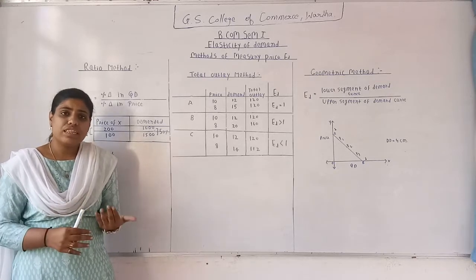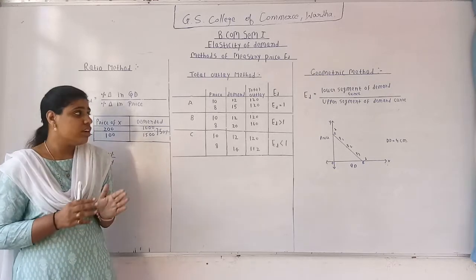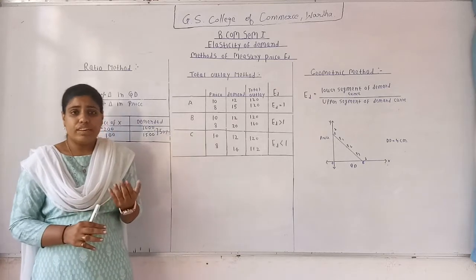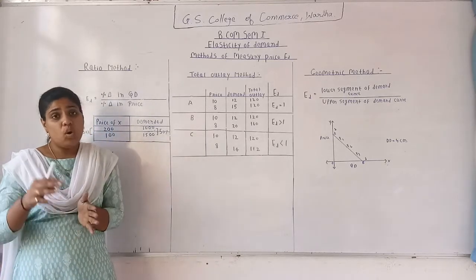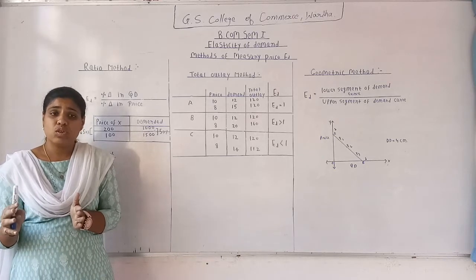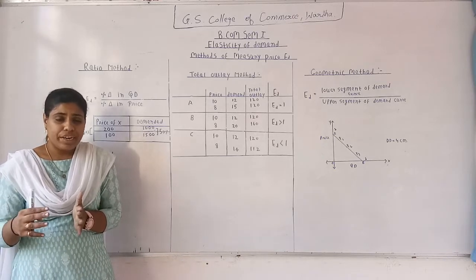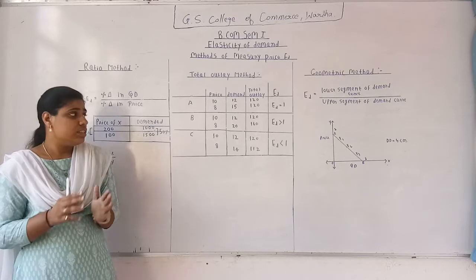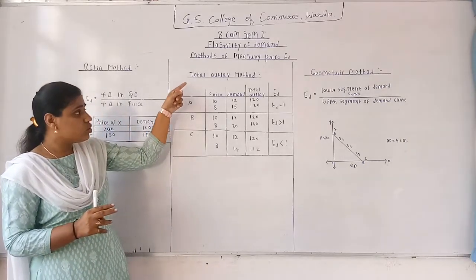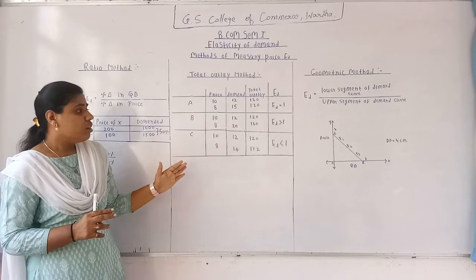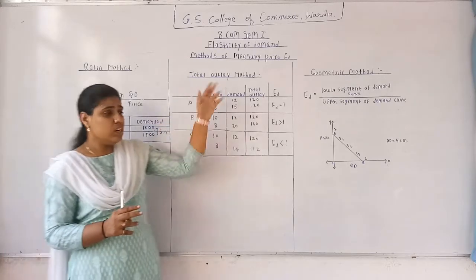Means when there is an increase or decrease in the price of a particular commodity, whatever total expenditure is being made by the consumer is compared with the original expenditure made before changing the price. So these are the different measures under the total outlay method.